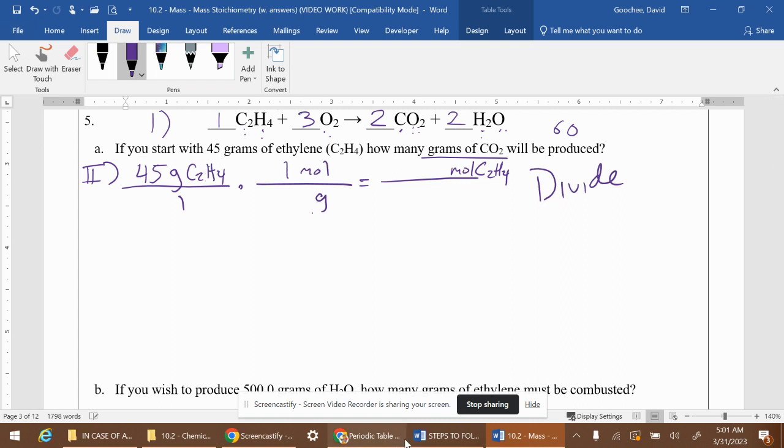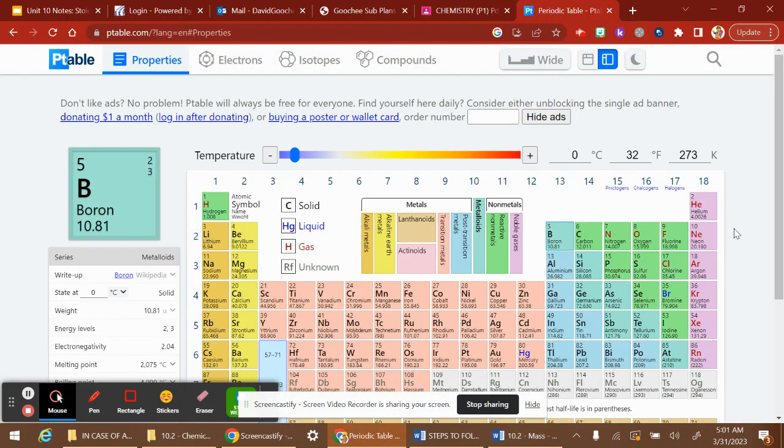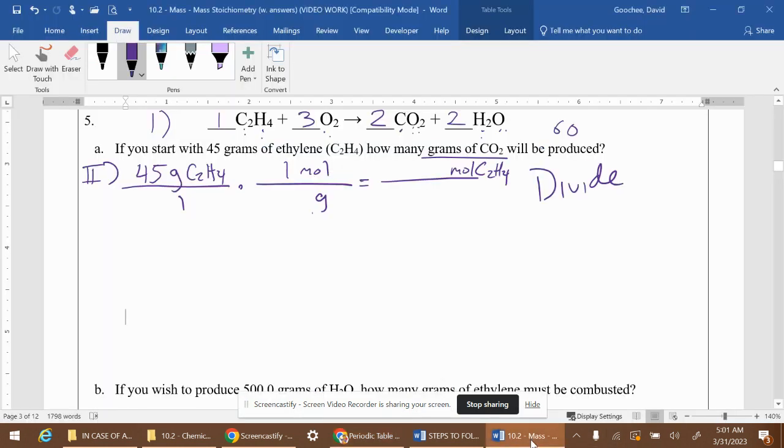So that's two carbons and four hydrogens. To the periodic table, carbon is 12.01, so two of those, 12.01 plus 12.01, plus four hydrogens, so plus 4 times 1.008. You can also just look it up. 28.05.